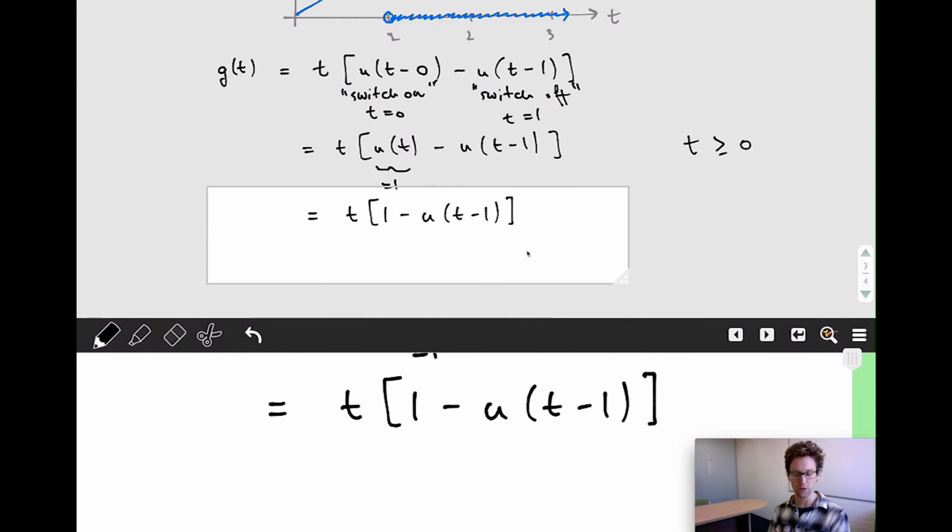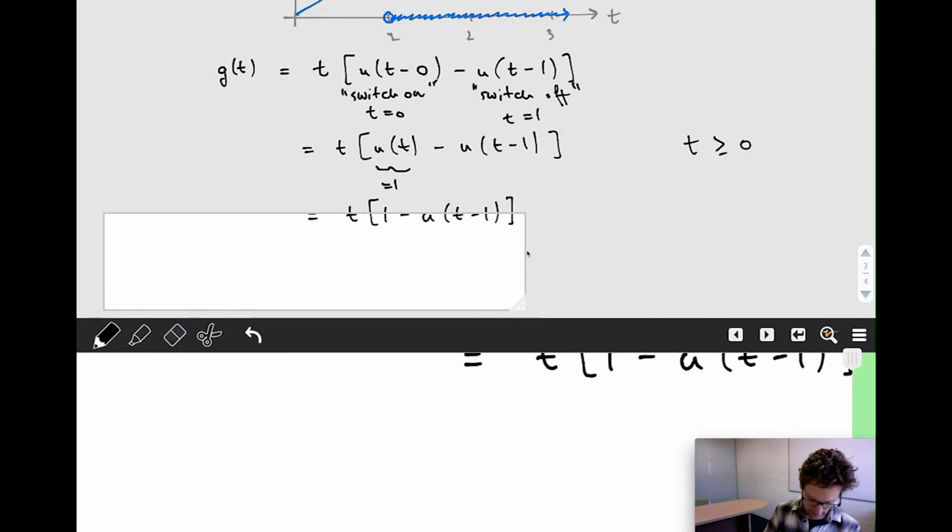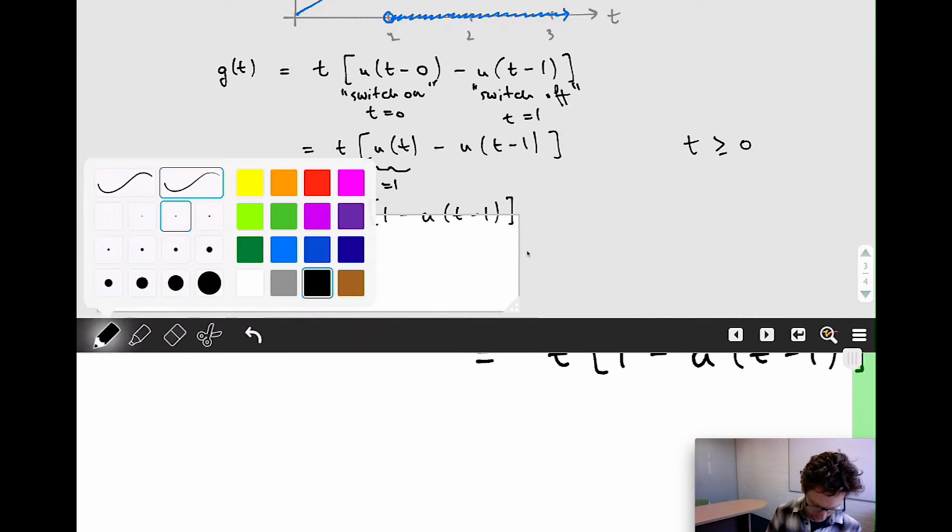But before we do that, we want to write down a useful little formula from our Laplace transform tables.